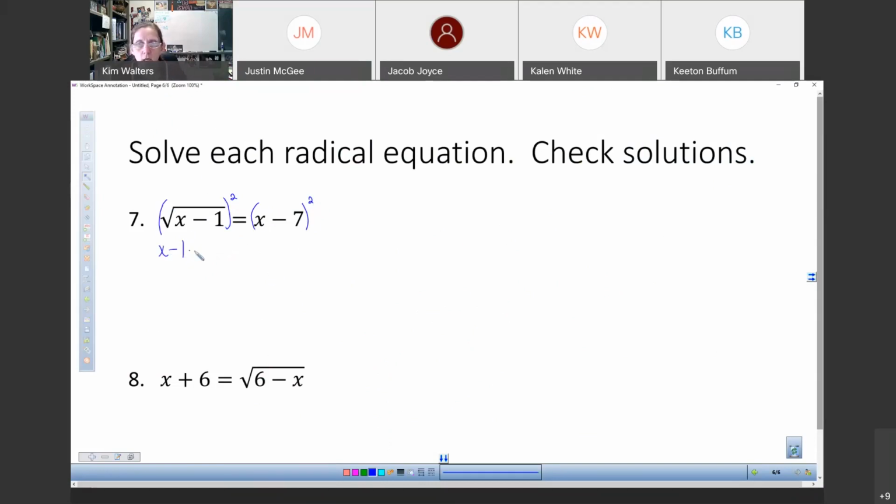On the right-hand side, I get x squared minus 14x plus 49. I do not get x squared plus 49. I'm going to pause, catch my breath, drink a sip of water, and let you process that and ask me a question if you don't know where I got something from.